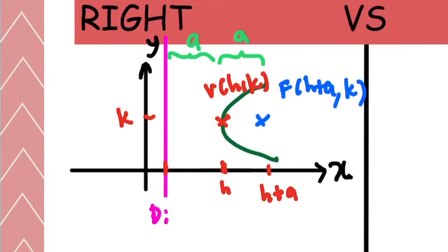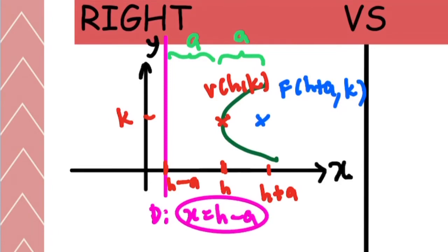This is originally h. You have gone backward as much as a. So now your new coordinate is h minus a. This is minus because we have moved backward. Therefore, your directrix line is the line x equals h minus a.